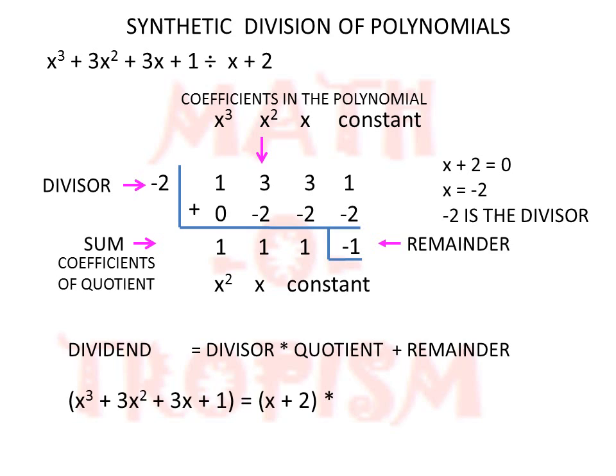So x cube plus 3x square plus 3x plus 1, this is the dividend, is equal to the divisor x plus 2, times the quotient, which is 1 into x square plus 1 into x plus 1, plus the remainder, which is minus 1. So x cube plus 3x square plus 3x plus 1 is written as x plus 2 into x square plus x plus 1, minus 1.